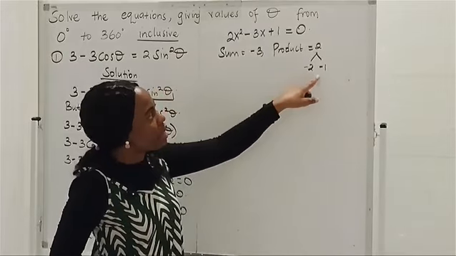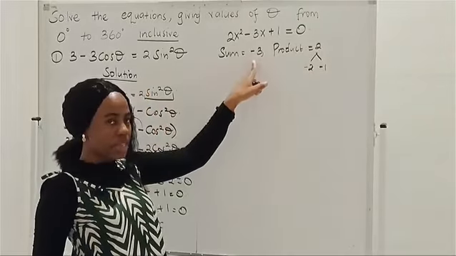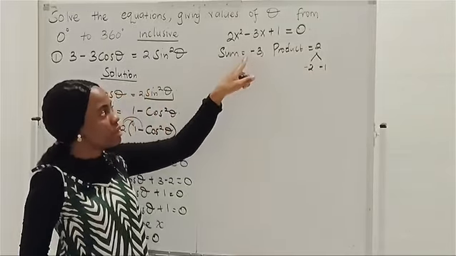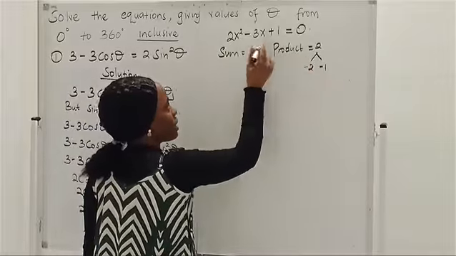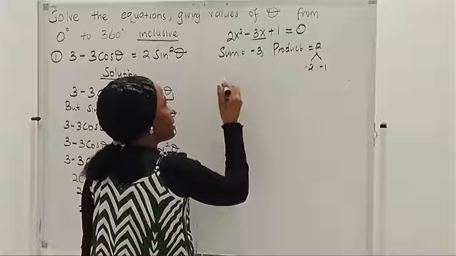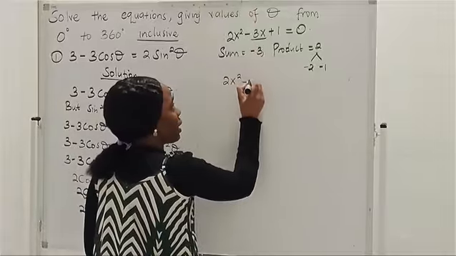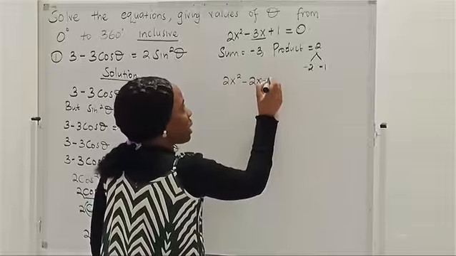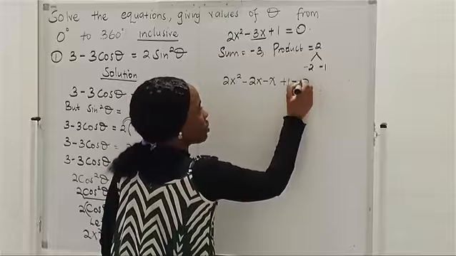When you multiply them, you go back to your product. When you add them, it gives you your sum. So you replace this middle term with these terms. I will have 2x squared minus 2x minus x plus 1 is equal to 0.